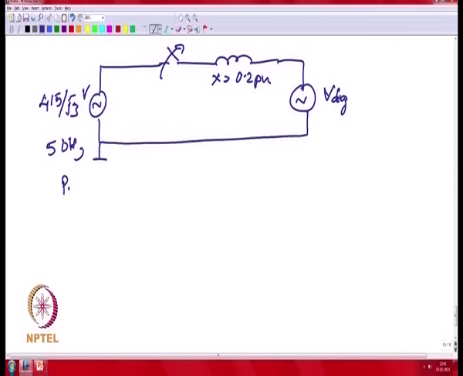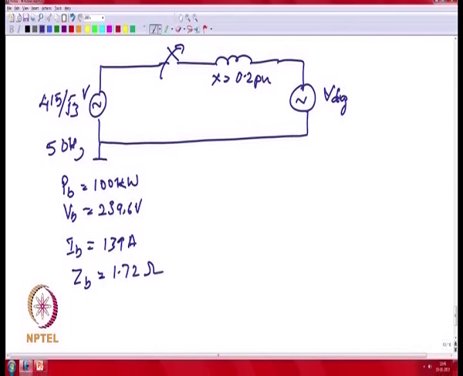Your power base is 100 kilowatts, V base is 415 by root 3, which is 239.6 volts, I base is 1.139 amps, Z base is 1.72 ohms.